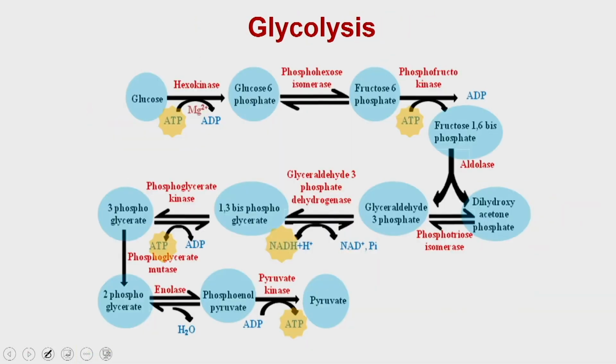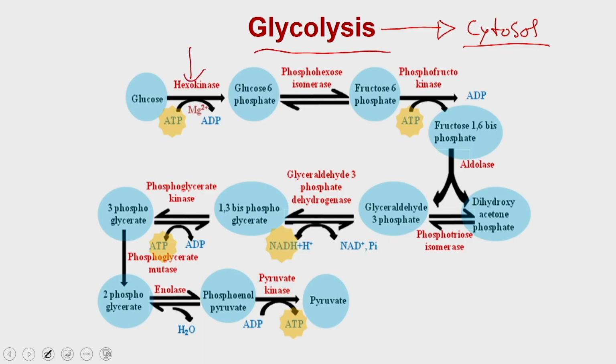The first metabolic pathway we are going to discuss is glycolysis. Glycolysis operates in the cytosol of the cell, whether it is the bacterial cell or the eukaryotic cell. The first reaction required to channelize glucose molecules into glycolysis is catalyzed by an enzyme known as hexokinase.